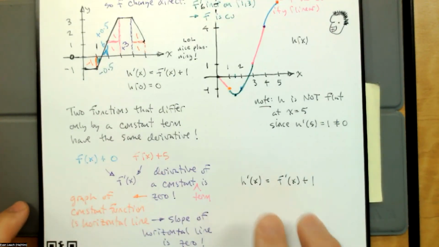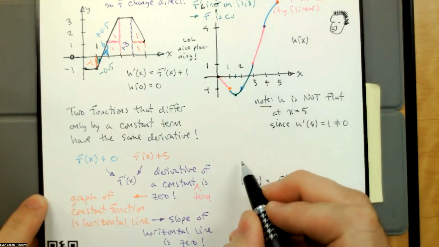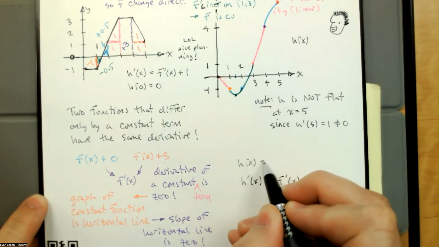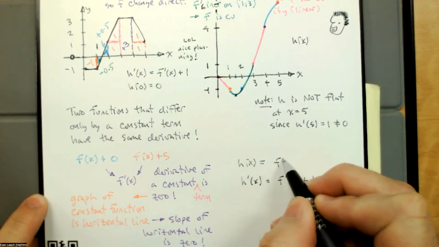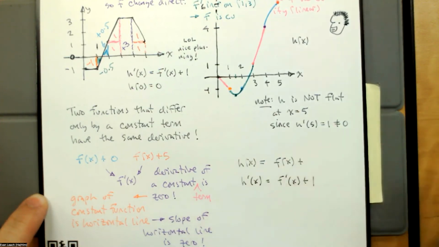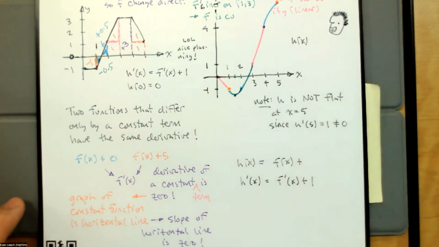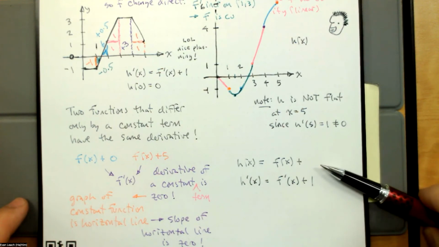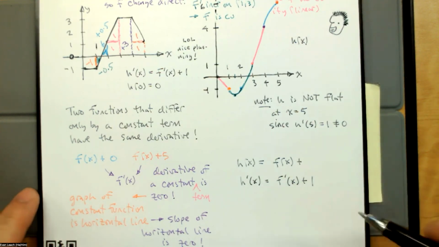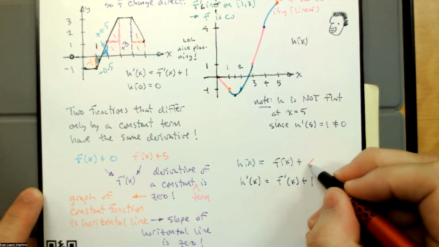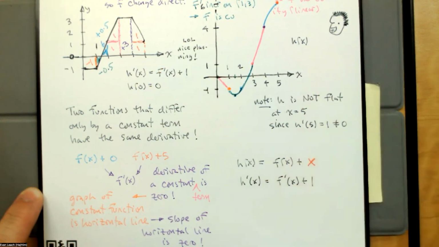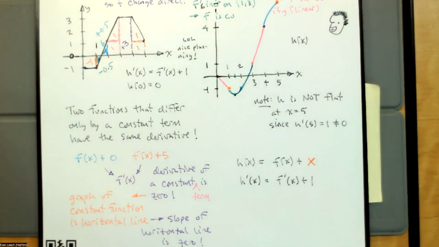These terms in the derivative are the same. So what should go here? x, because the derivative of x is equal to 1. So h of x is not f of x plus 1. The derivative h prime is f prime plus 1.